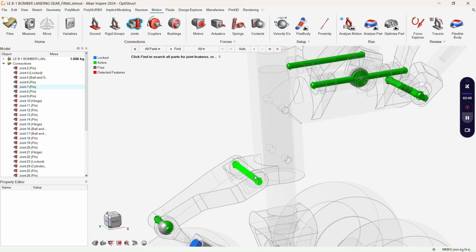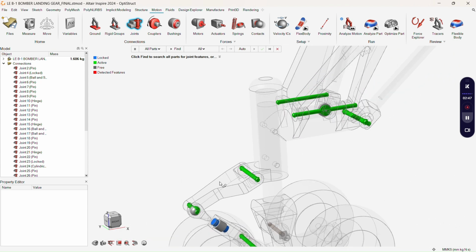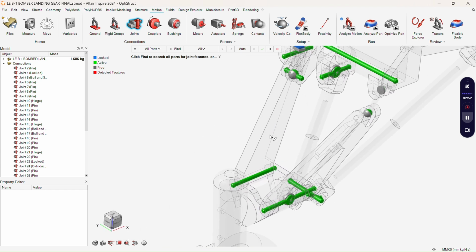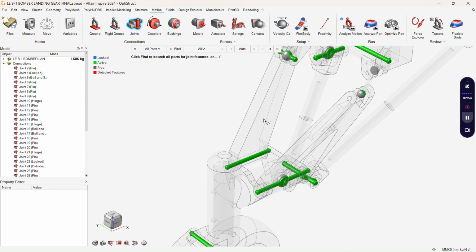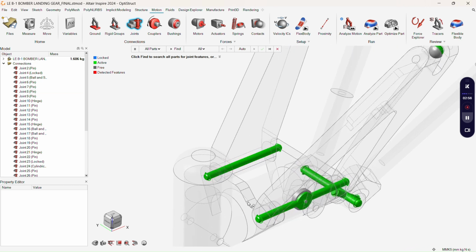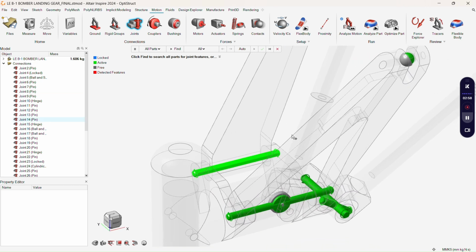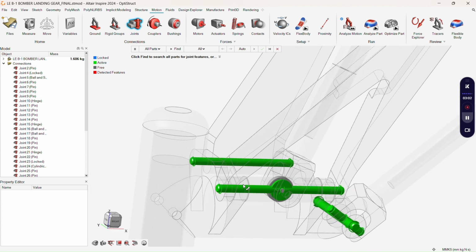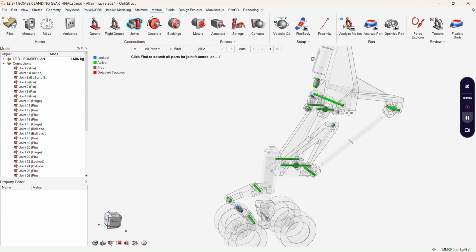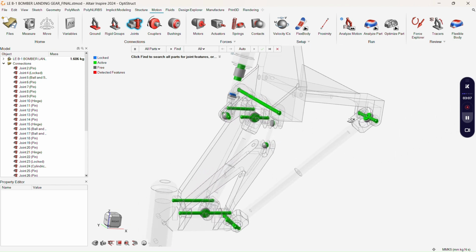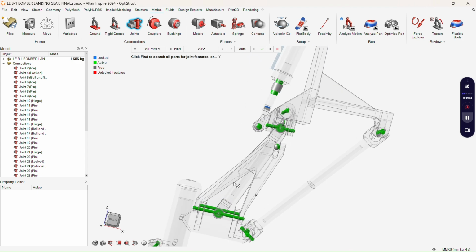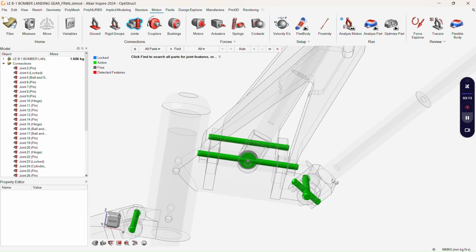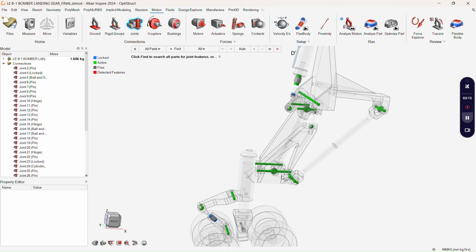Then we have the pin joint here between the upper strut and the upper TA. Then the locking link and the link 3 are attached via pin joint to the upper strut. Similarly, the link 2 is attached via hinge joint to the upper strut. Then we have the link 1, which is attached to the frame at the upper end, and attached to the upper strut at the lower end of the link.